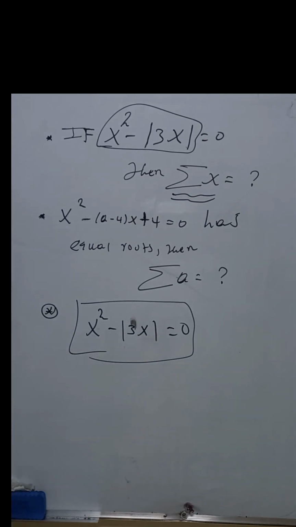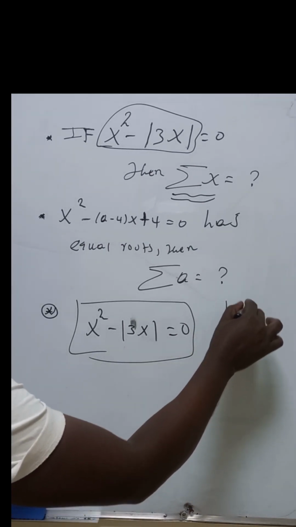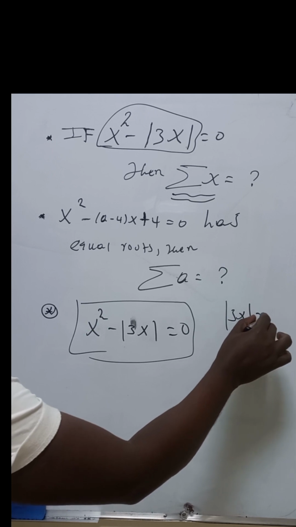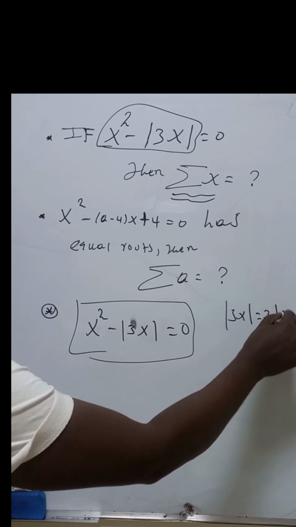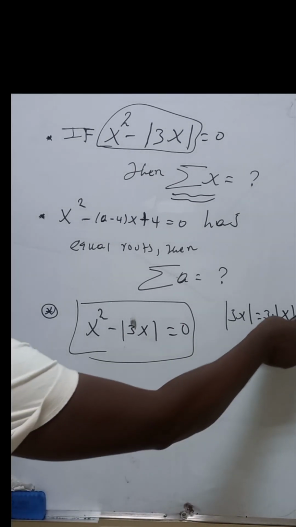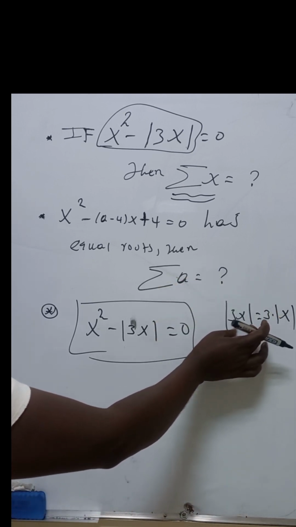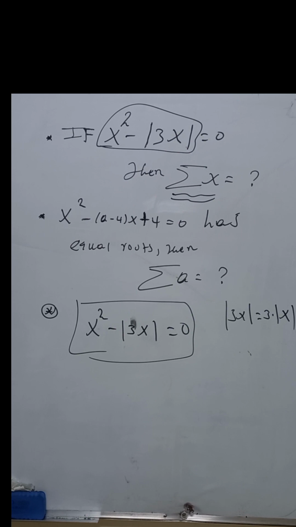You know that the modulus of 3x means we can just write this as 3 times the absolute value of x, or modulus of x. If you define this one, that means we are defining this part, because 3 is obviously a constant number.